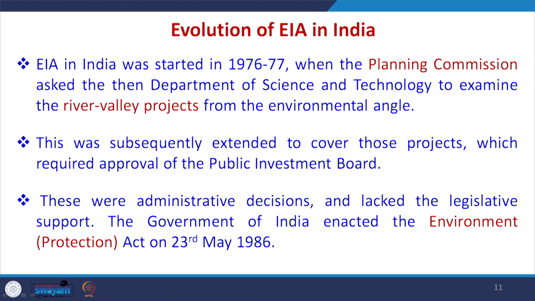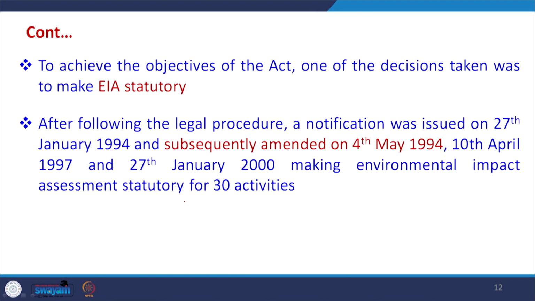So, formally the Government of India enacted the Environmental Protection Act on 23rd May 1986, and after that the environmental impact assessment was also made necessary. To achieve the objectives of EIA, one of the decisions that was taken was to make the EIA statutory. After following the legal procedure, a notification was issued on 27th January 1994 and subsequently it was amended on 4th May 1994.